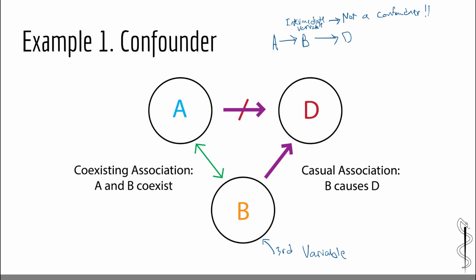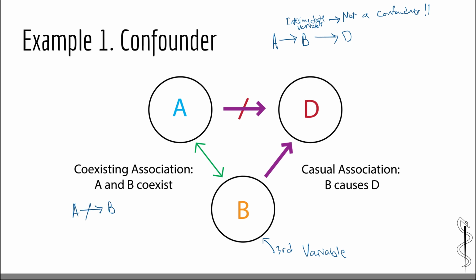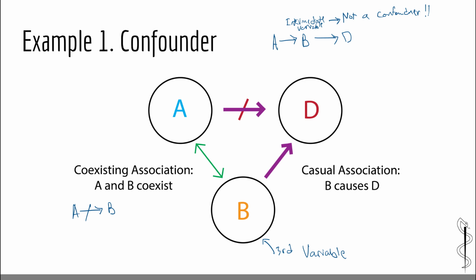So if the exposure variable A cannot cause the confounding variable B, then what relationship does the confounder have with the exposure variable? Well, the way that I like to think about it is that B is associated with A via a coexisting association. That is, A and B frequently coexist, but A does not cause B. For example, smoking and drinking coffee are variables which frequently coexist.